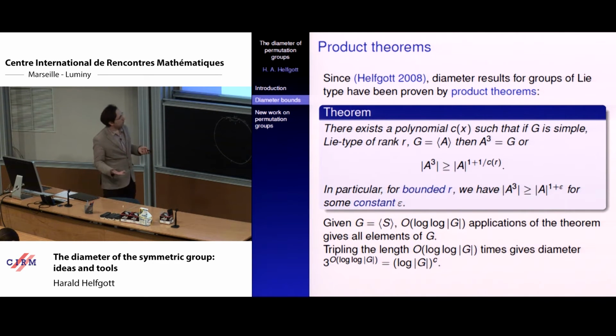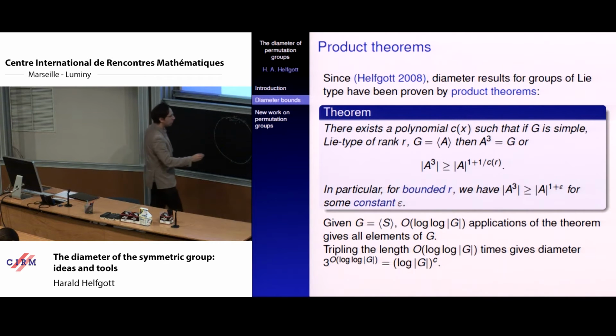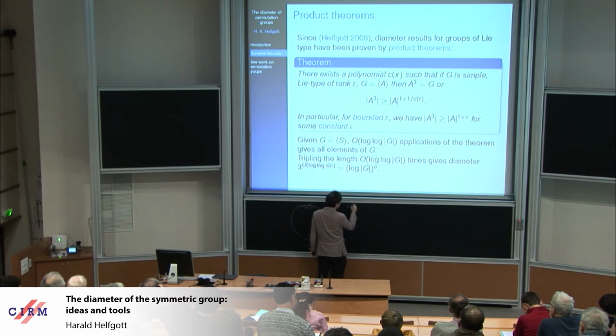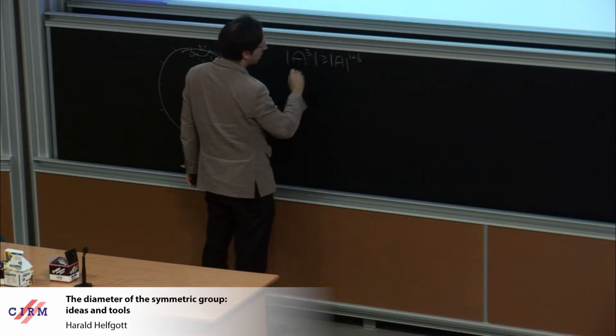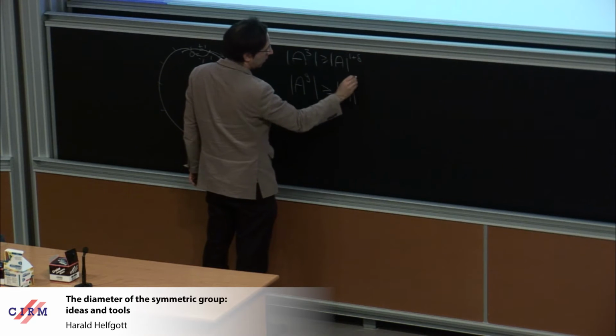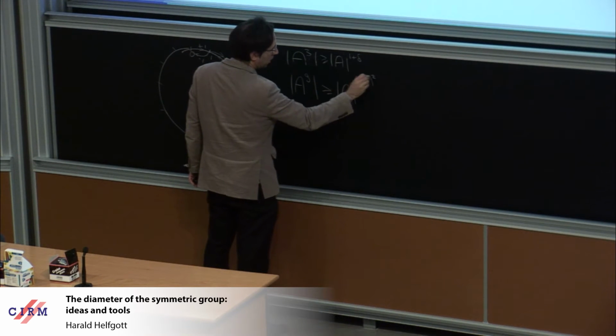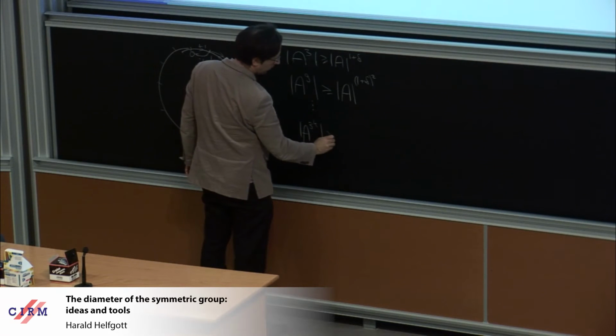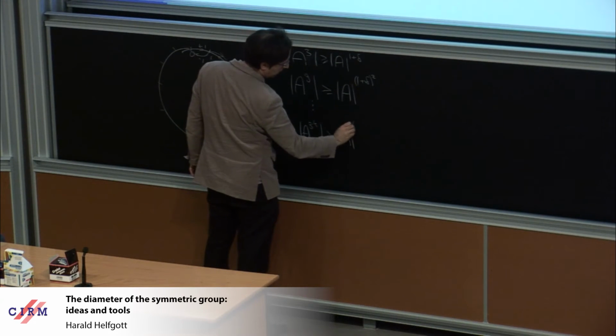So in order to prove a diameter result from this, you just need to apply this theorem log times, right? Because you first apply it to A, so you get that A cubed is greater than A to the 1 plus delta. Then you apply the same result to A cubed instead of A, so you get A to the 1 plus delta squared, and so on. So you get that A to the 3 to the k is greater than A to the 1 plus delta to the k.